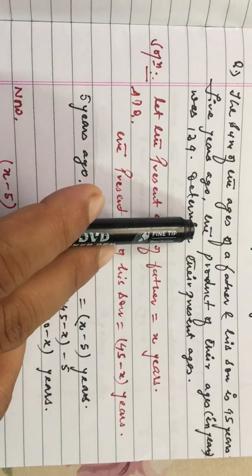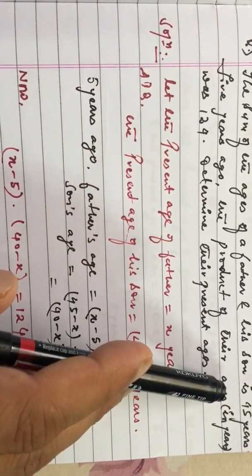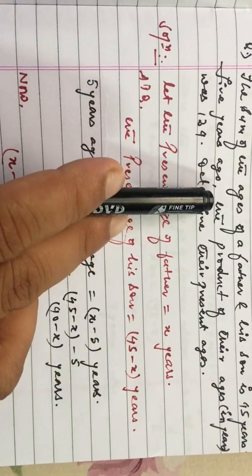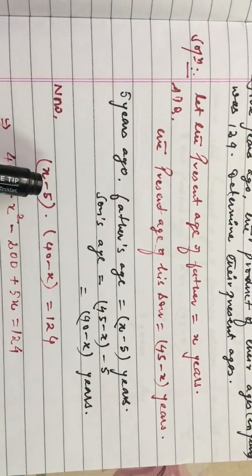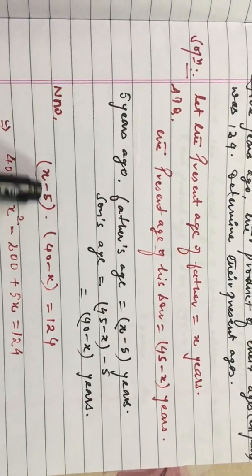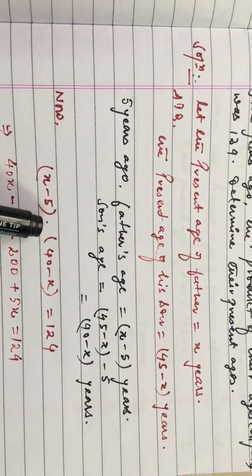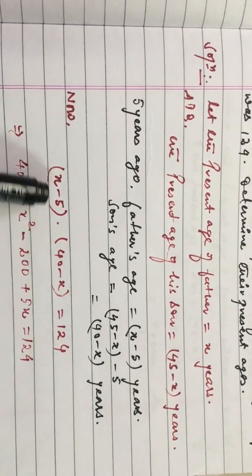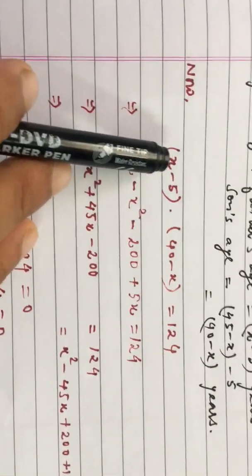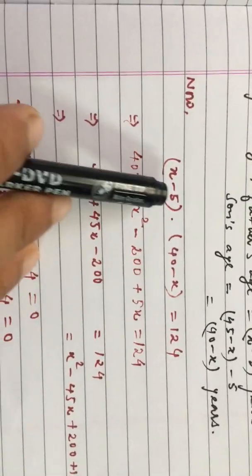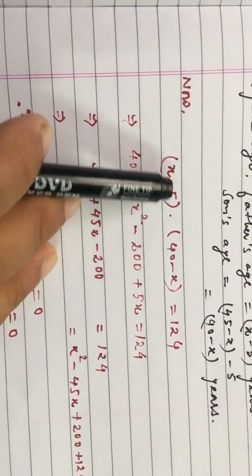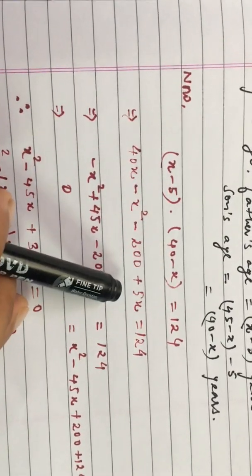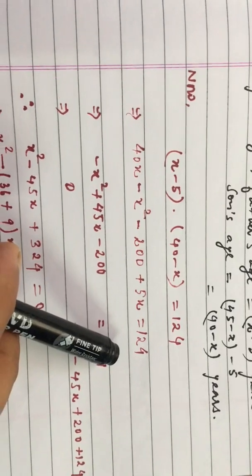Now the product of their ages 5 years ago, these are the ages of father and son 5 years ago, and their product, putting the multiplication sign, is 124. Now open the bracket. x into 40, 40x, x into minus x, minus x square, minus 5 into 40, minus 200, and minus minus plus 5 into x, 5x, right hand part same.